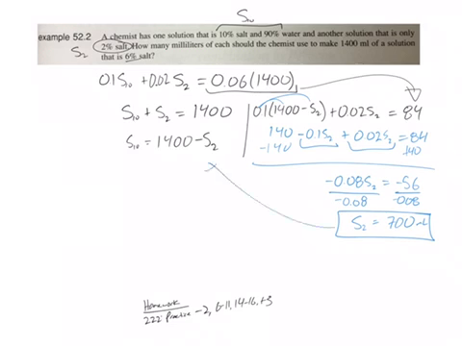Plugging this in right up here, you get S sub 10 is going to equal 140 minus 70. So S sub 10 is going to equal 70 milliliters.